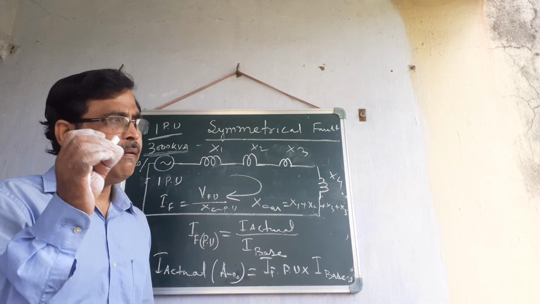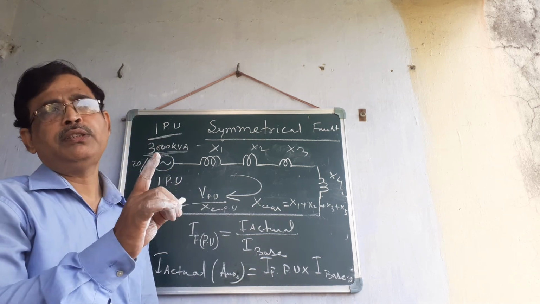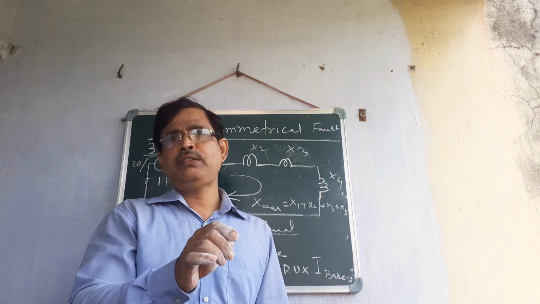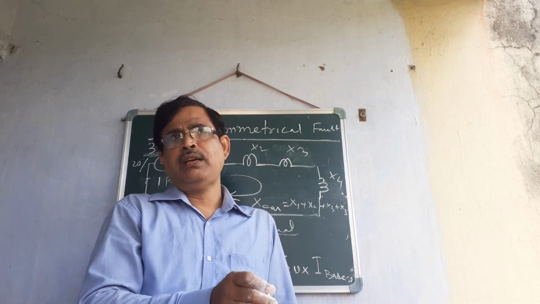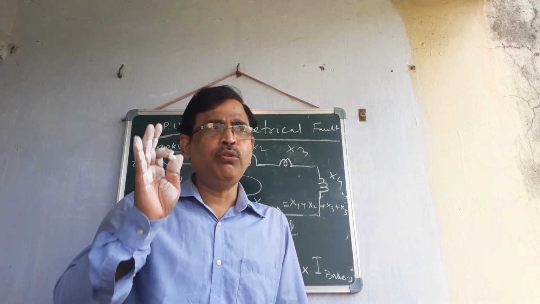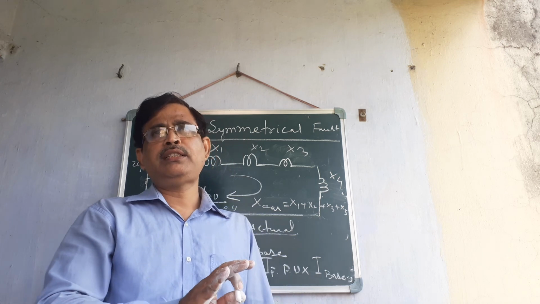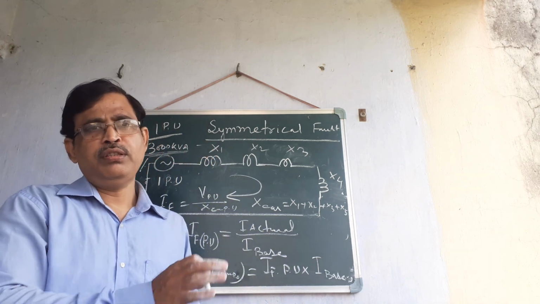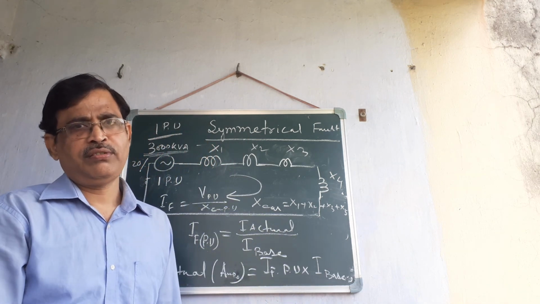Z value can be given in a problem in three types: one is Z per unit, Z percentage reactance, and Z in ohm. So how those three types of Z can be handled, we will see in the next class. Okay.